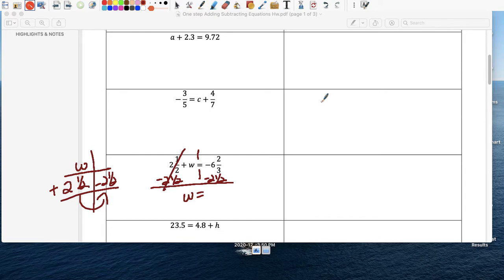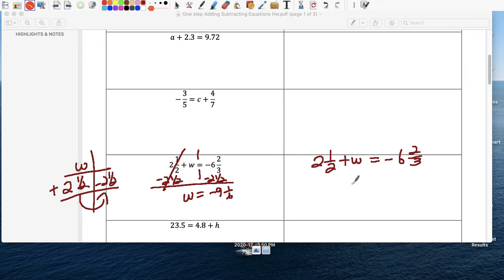6 2/3. What's the other one? 2.5. You're going to get negative 9 1/6. Negative 9 1/6. Okay, so check your work. 2.5 plus w equals negative 6 2/3.